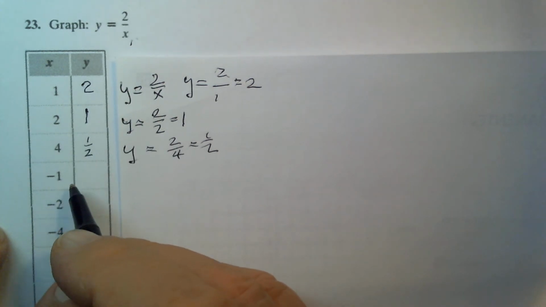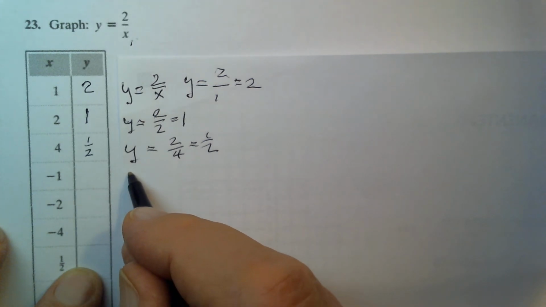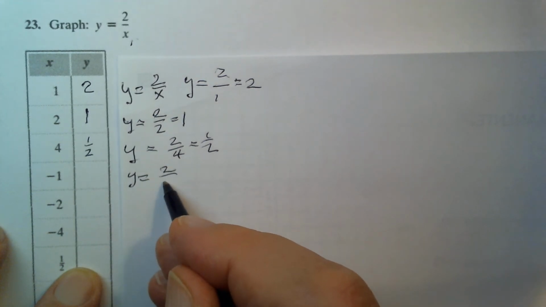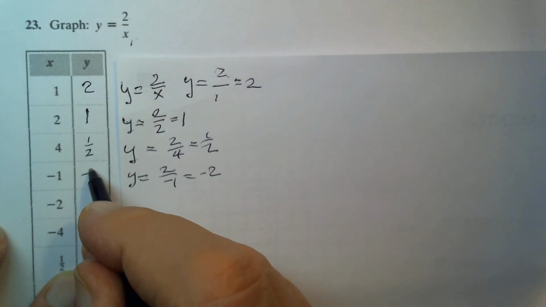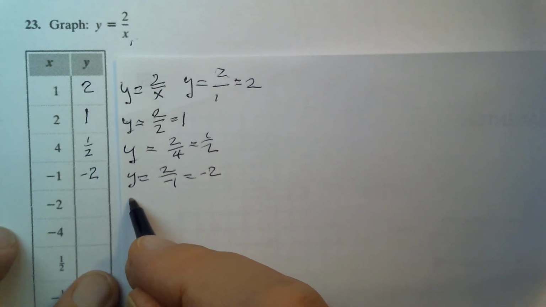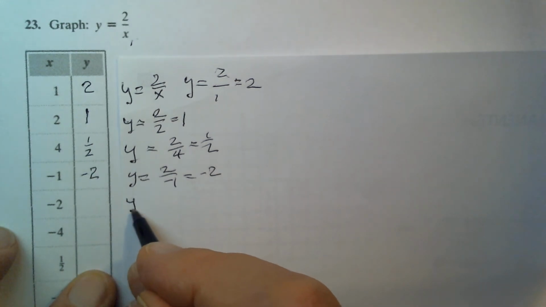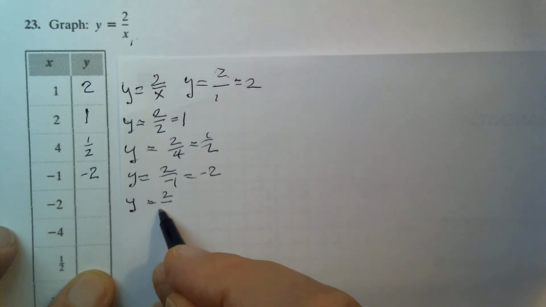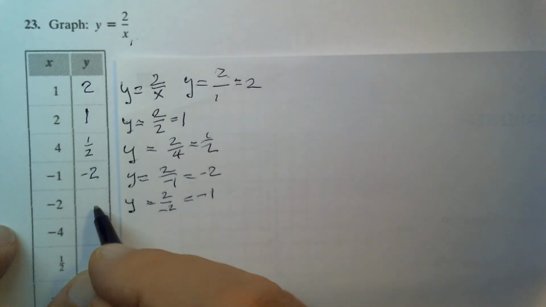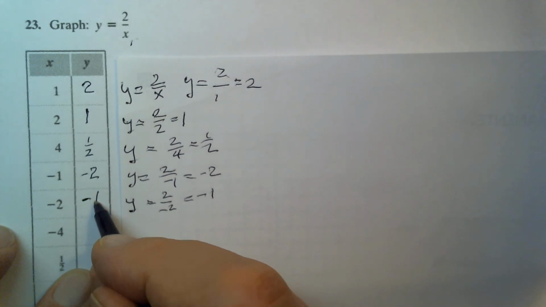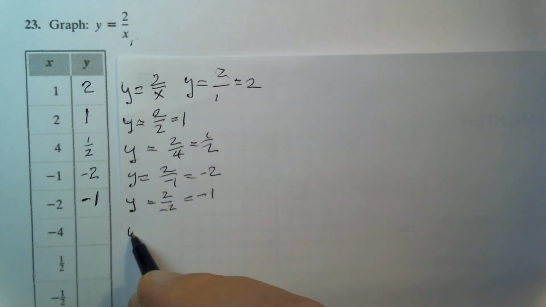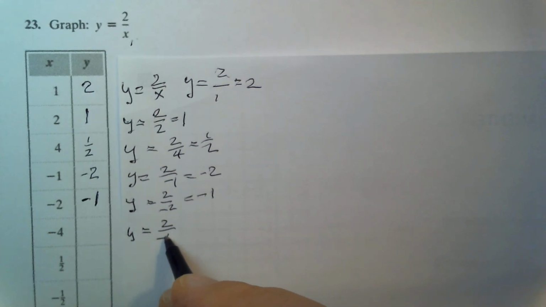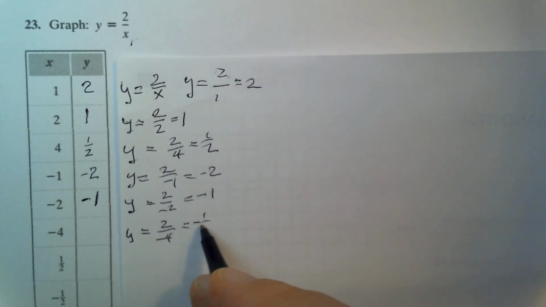Now, when x is equal to -1, we have y equals 2 divided by -1, which means it's equal to -2. And when x is equal to -2, we have y equals 2 divided by -2, and that's equal to -1. And when x is equal to -4, then y equals 2 divided by -4, which would be -1/2.